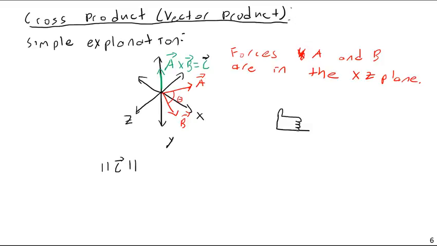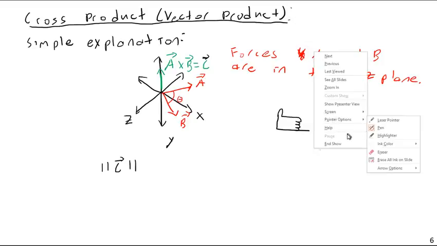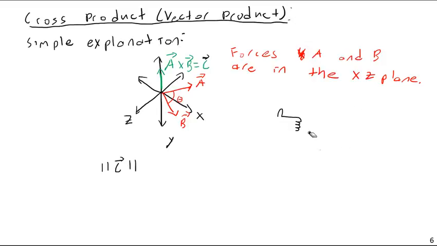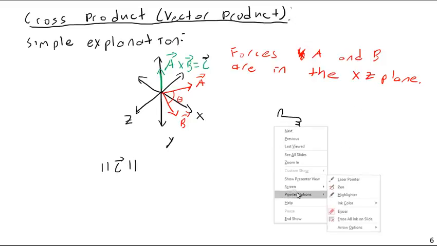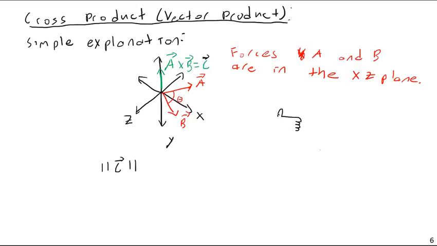So A here, these are the fingers outstretched, B, and A cross B out of the palm.